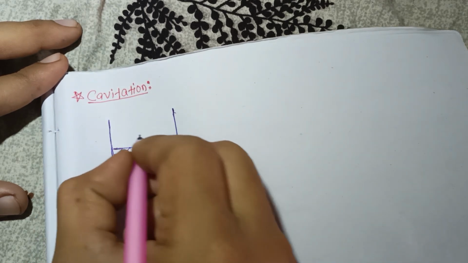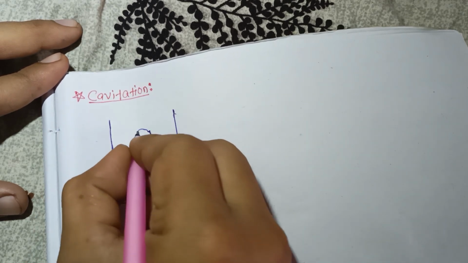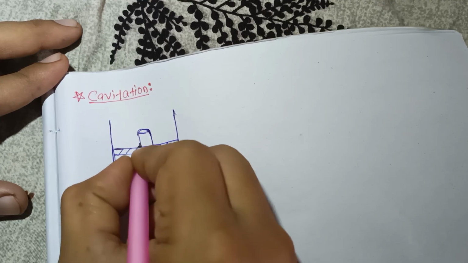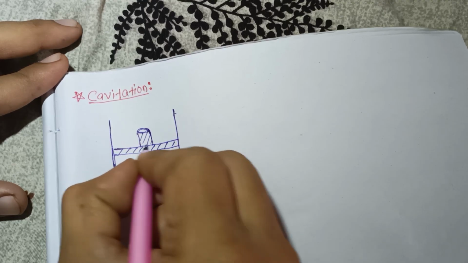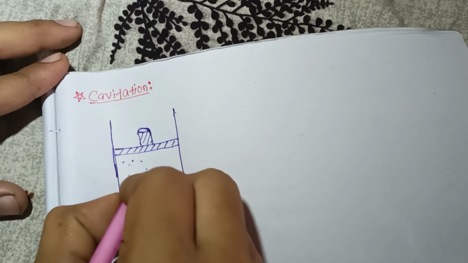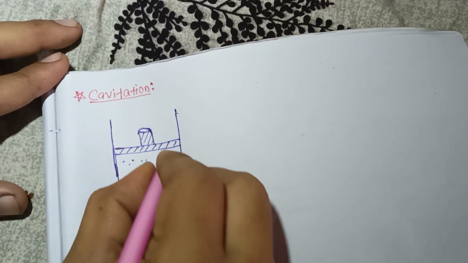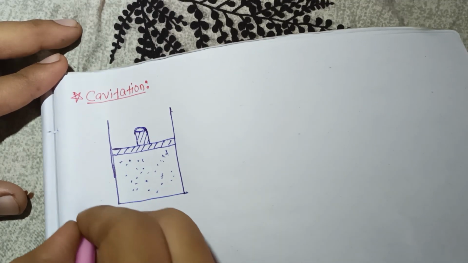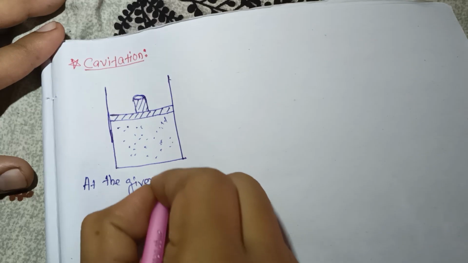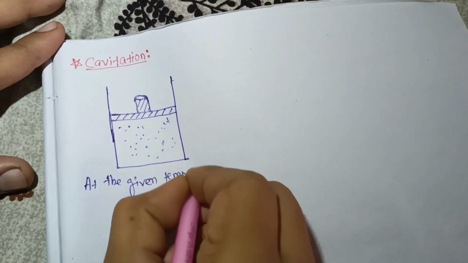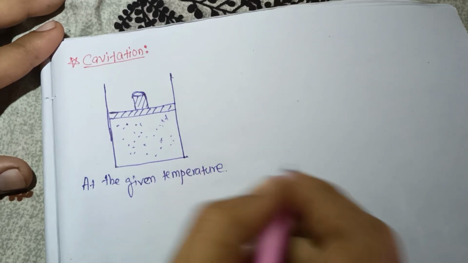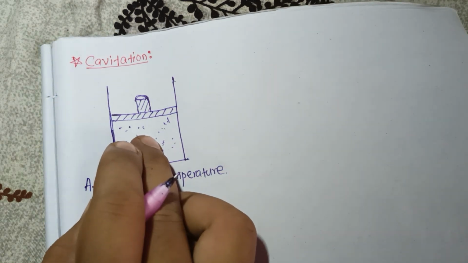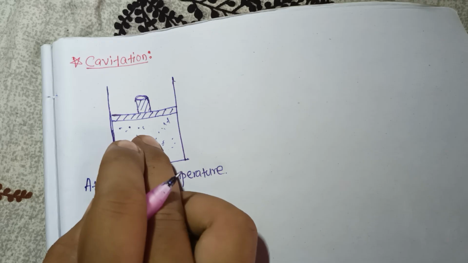So there is a liquid inside that system at a given temperature. Now if the pressure is less than the vapor pressure, then what happens?